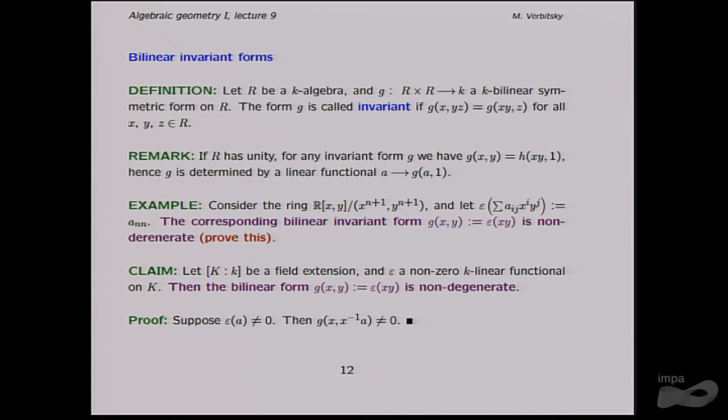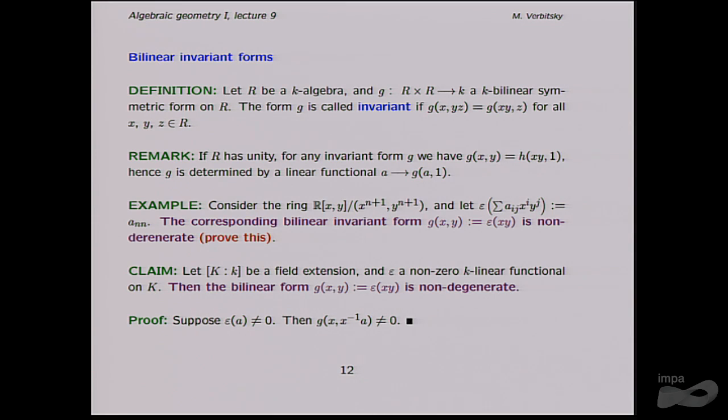There is something, if you know cohomology, you always have it because it's the Poincaré pairing. If you don't know cohomology, then I would give a couple of examples, but really you have lots of them. So definition: suppose A is a K-algebra.